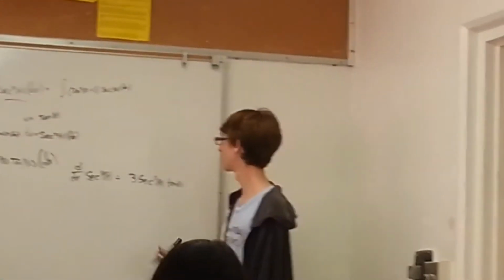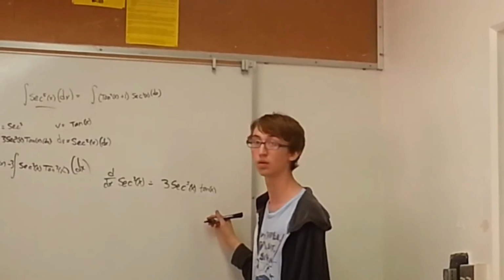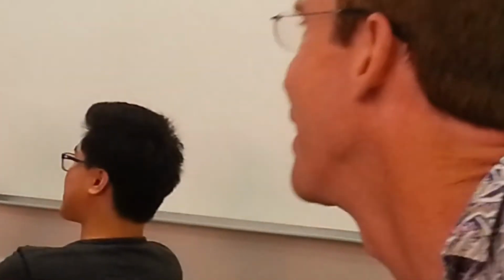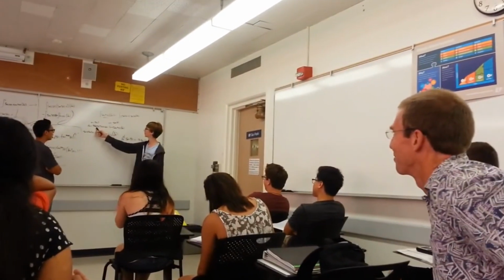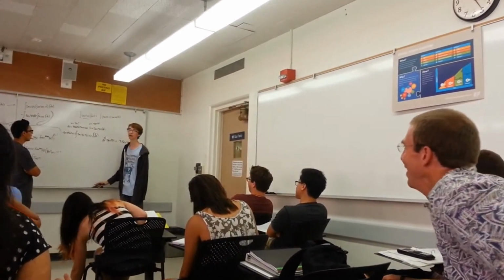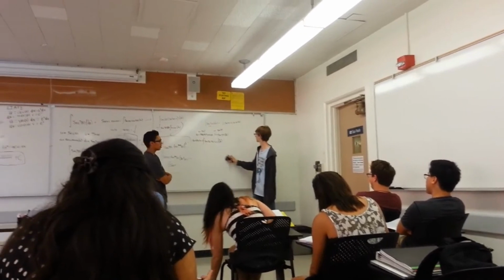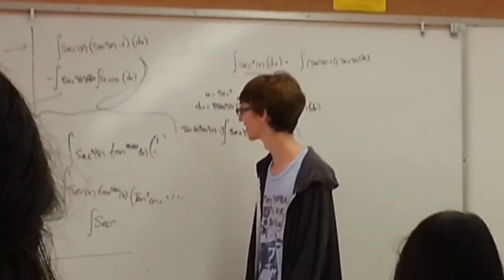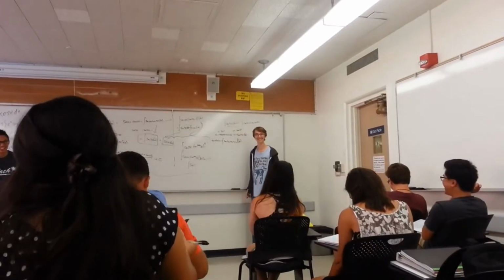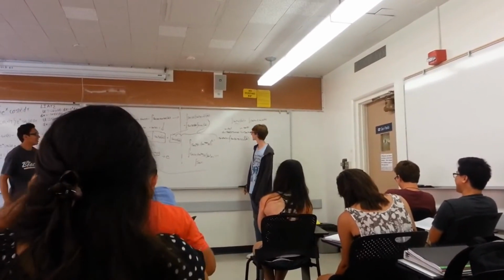Oh, sorry, I was squinting here. I didn't realize that you had 3 secant cubed. I thought you had 3 secant squared. So I take back what I said about the mistake. I am flawless. Well, I'll just say the mistake was the dx. So good job catching that.